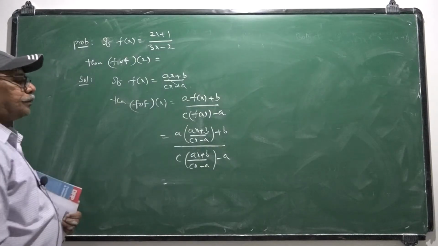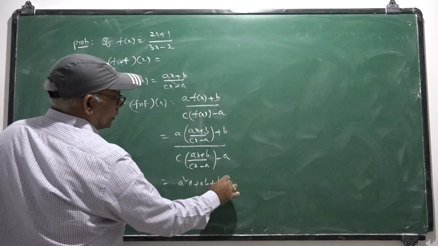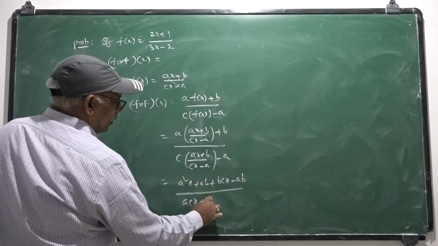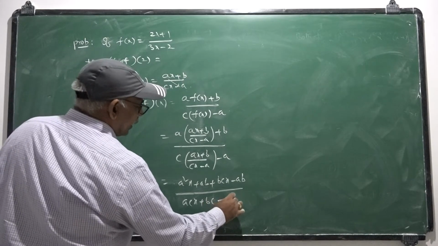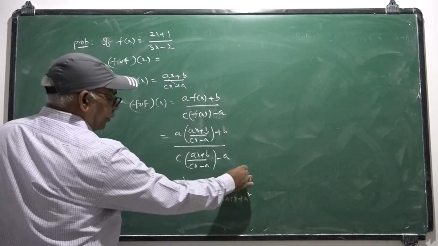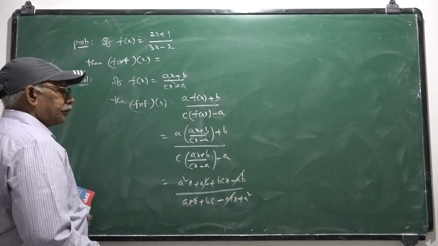Now on simplification, this is a square x plus ab plus bcx minus ab by acx plus bc minus acx plus a square. So this ab cancels. Here acx cancels.